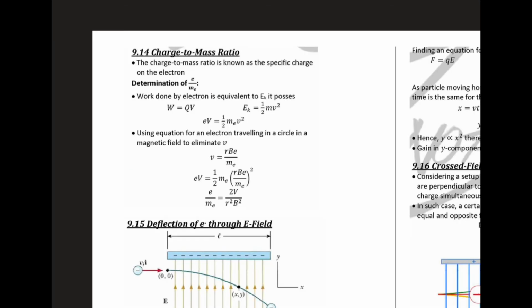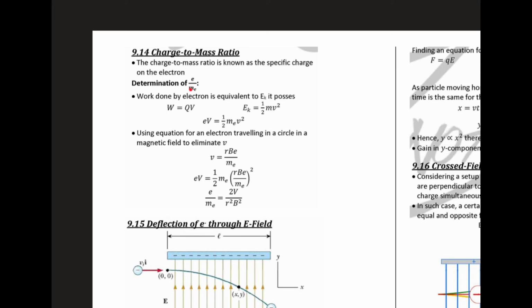Okay, 9.14, charge to mass ratio. So first point, the charge to mass ratio is known as the specific charge on the electron. Which means you take the charge of the electron divided by the mass of the electron.